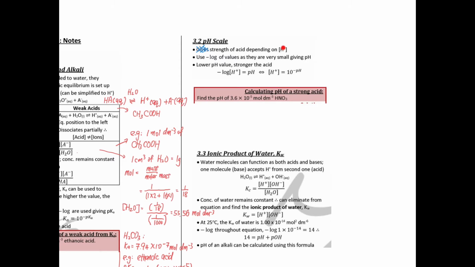Of course, this is common sense. The stronger acid ionizes to form a higher concentration of hydrogen ion. So this should be logic or common sense for us if you understand chemistry. So more hydrogen ion means stronger acid. Now, second point, use negative log of values as they are very small.